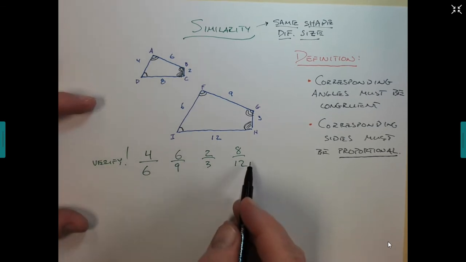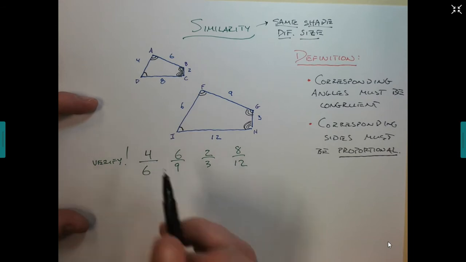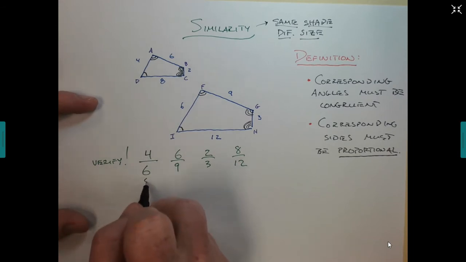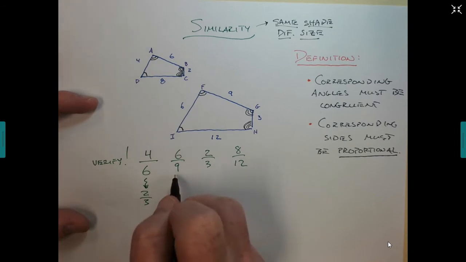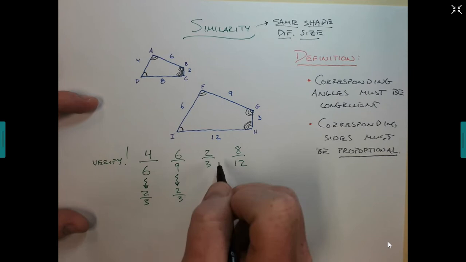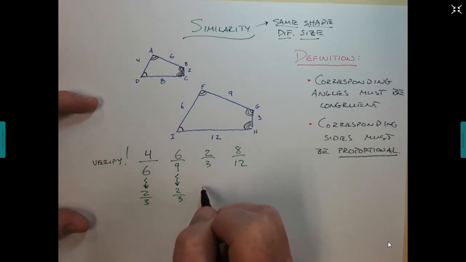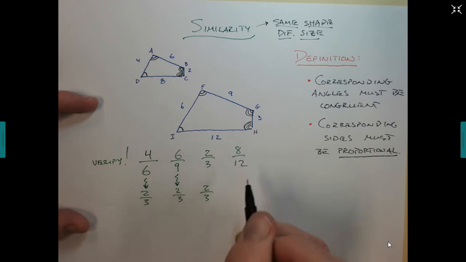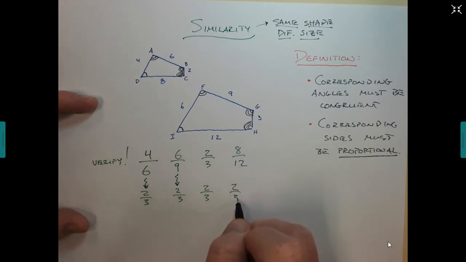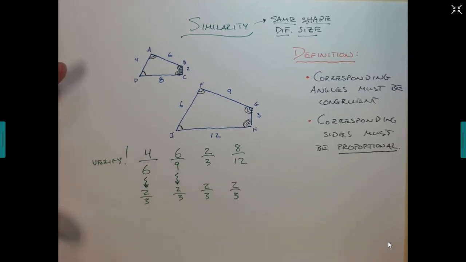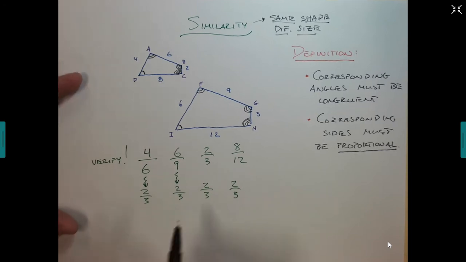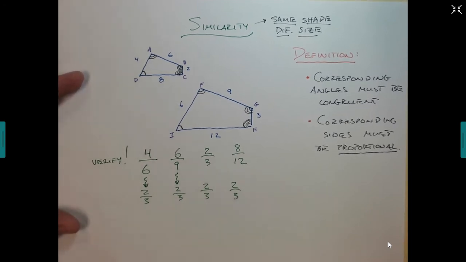Or you can reduce all of these fractions. Well, 4/6 reduces to 2/3. 6/9 reduces to 2/3. 2/3 is a fully reduced fraction. And if we divide a 4 out of each of those, it turns out all of those ratios reduce down to the same fully reduced fraction.